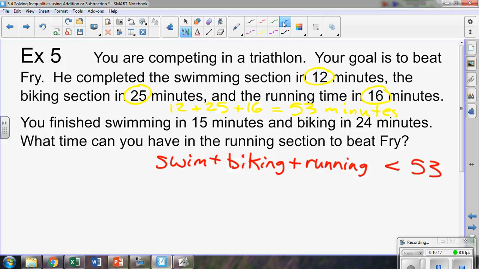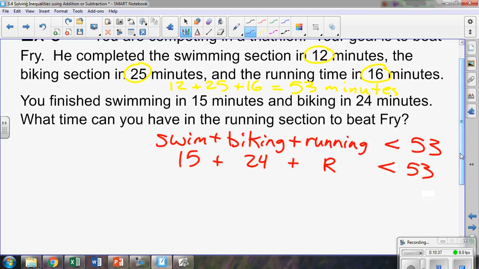Recognizing this relationship would allow us to put these things together and say, okay, you swam in 15 minutes, you did your biking in 24 minutes, and now you've got the running section to be less than 53. Well, of course, we would observe that 15 and 24, your two times that you've used so far, are 39 minutes.